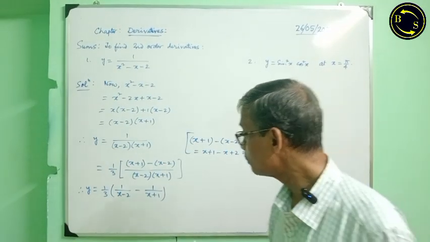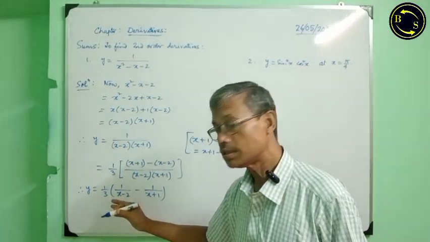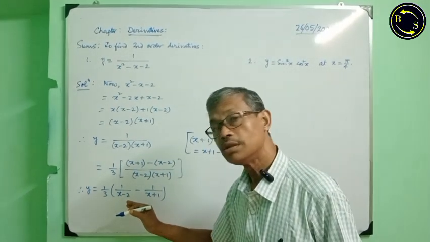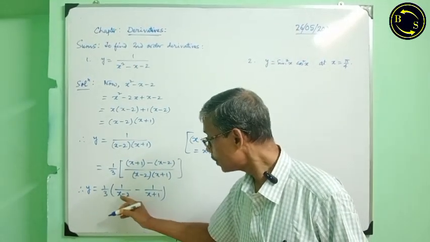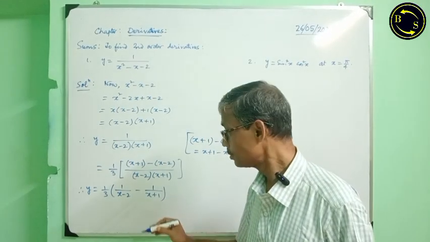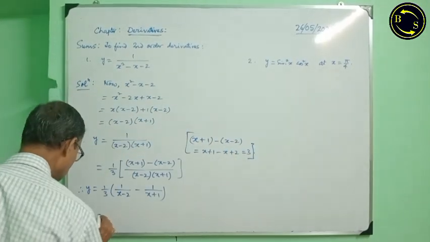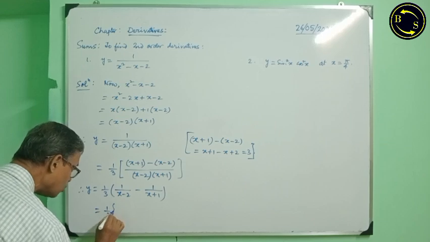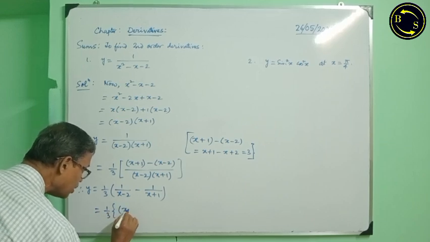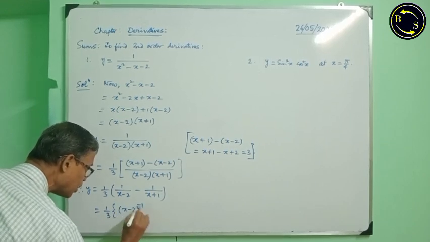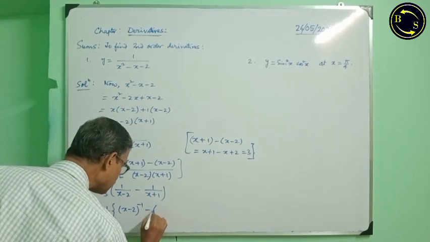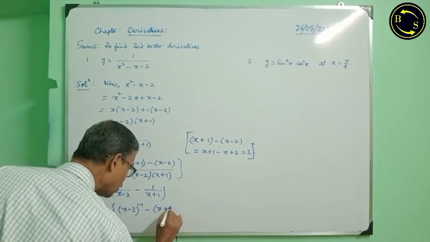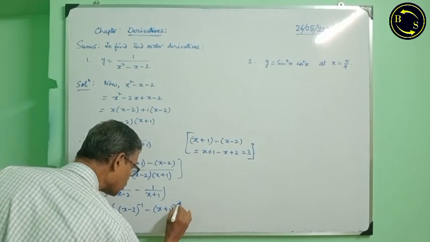Therefore, we have expressed y is equal to 1/3 into, within brackets, the difference of two fractions. Now, 1/3, this is (x minus 2) to the power minus 1 minus (x plus 1) to the power minus 1.